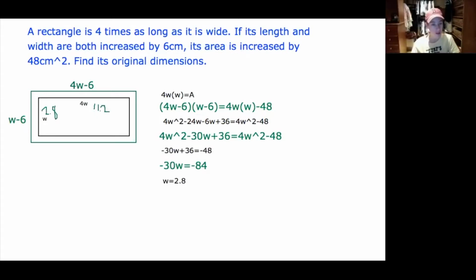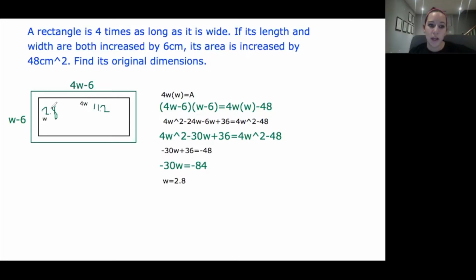So it would be 3.2. So 2.8 minus 6 is negative 3.2.